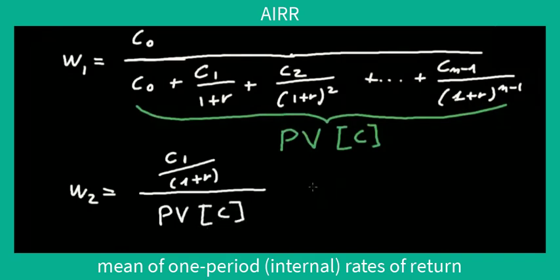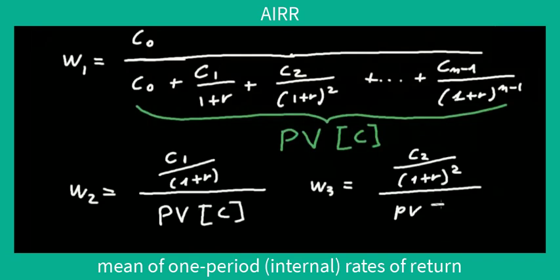And the third weight, similar, is the third capital invested, C2, discounted by 2 periods divided by the total capital invested.